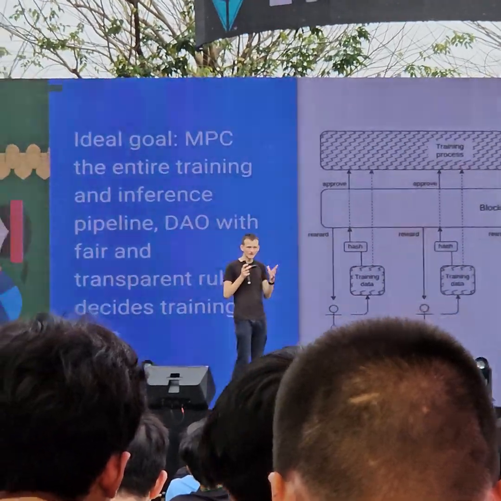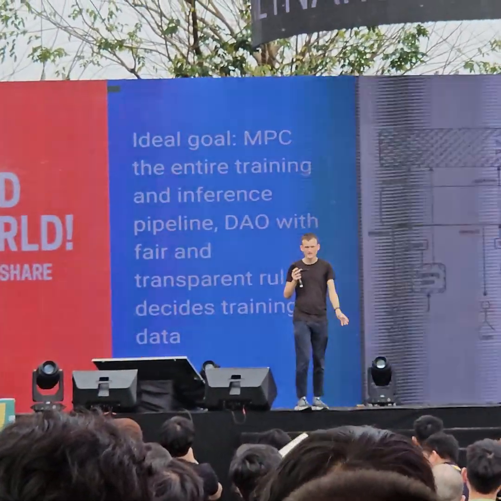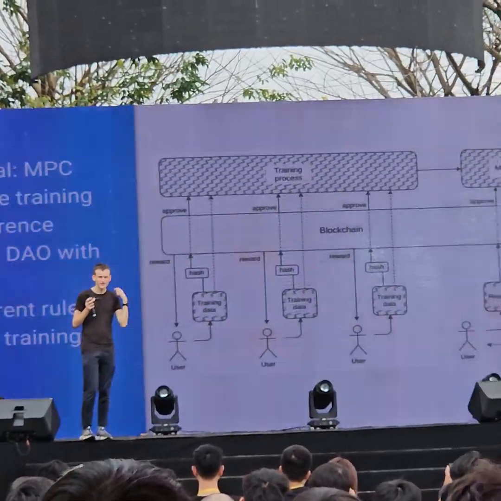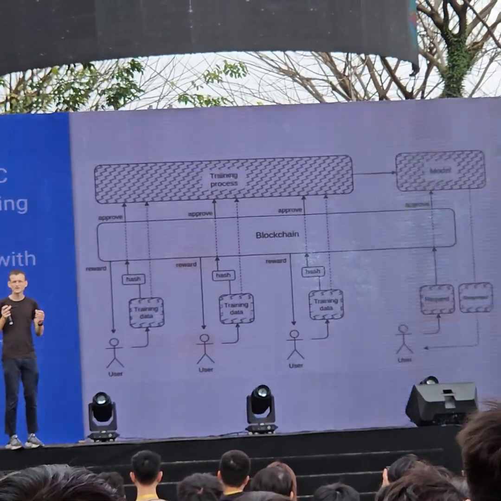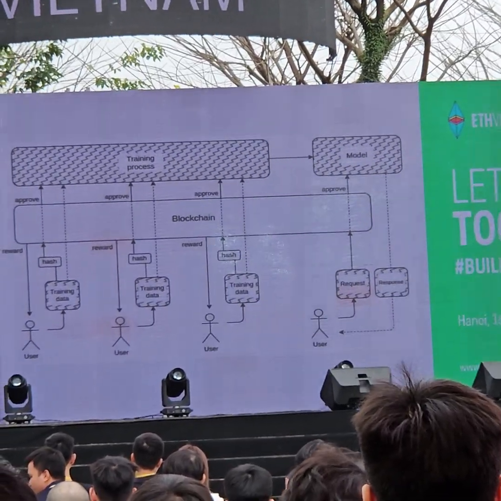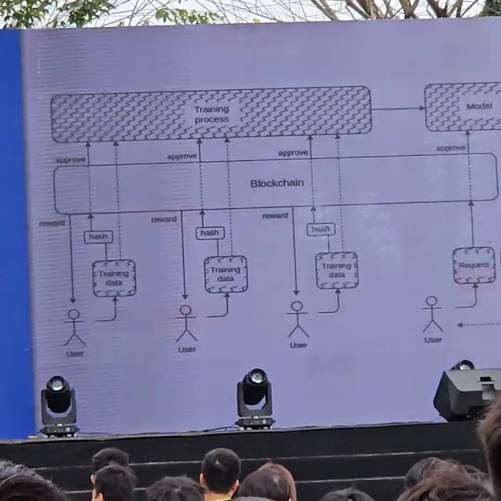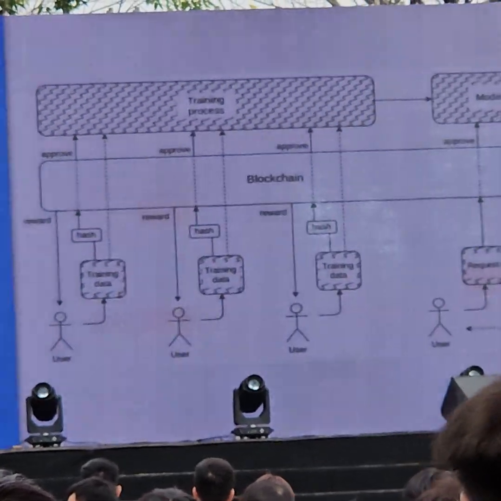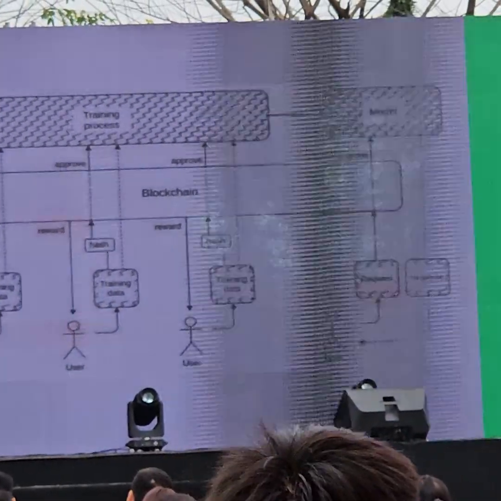So one interesting long-term goal is basically asking the question, can we make a system where we can use some kind of DAO on the blockchain plus some kind of cryptography off-chain, maybe MPC, to both train a model and to run a model?